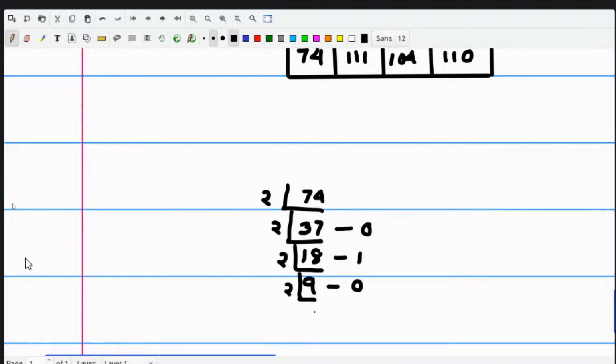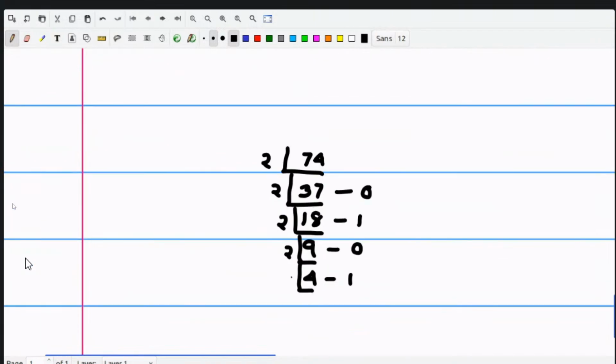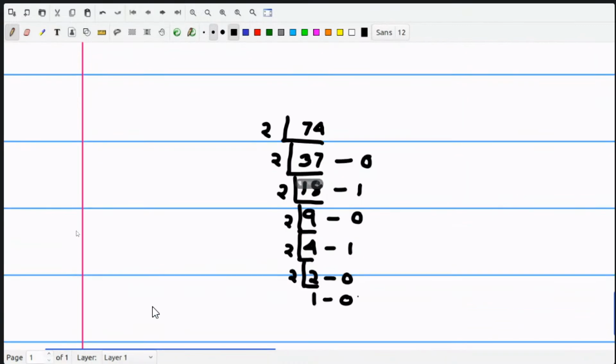Divide by 2, 4 1. Divide by 2 again, 2 0. Divide by 2 again, 1 0. So this sequence of zeros and ones, 1 0 0 1 0 1 0, is the binary representation of the decimal 74.